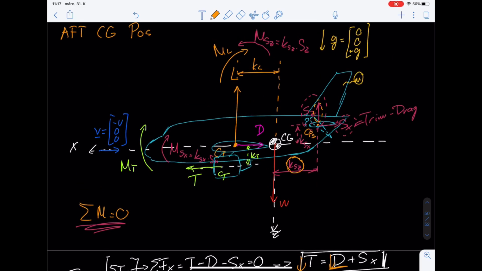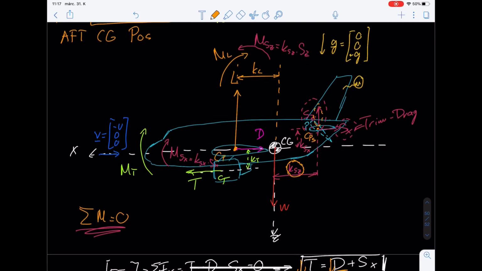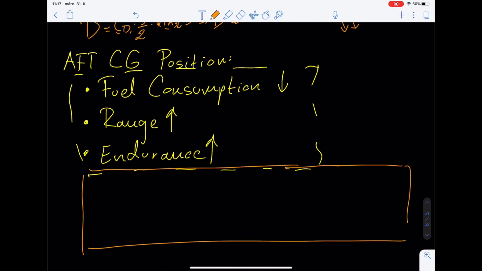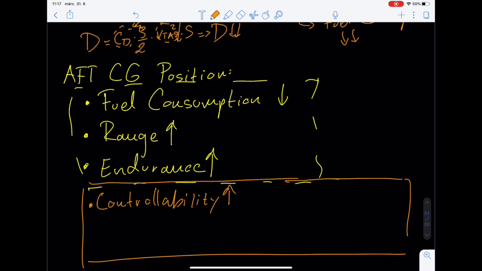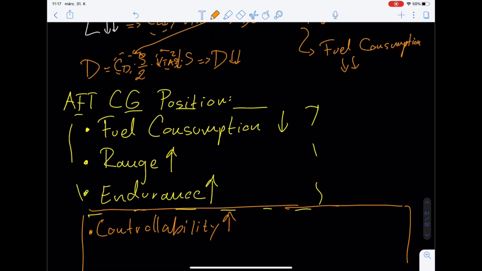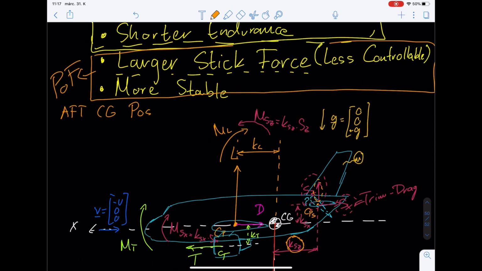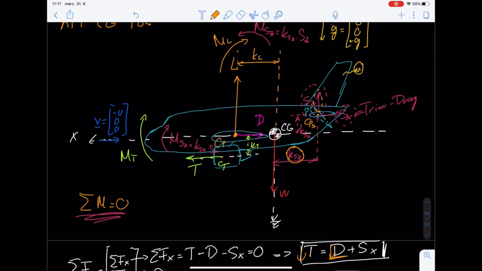So the aircraft becomes more maneuverable, more controllable, right? So controllability increases, which would be beneficial, for example, for aerobatic aircraft or fighter aircraft, where very high controllability is usually used.